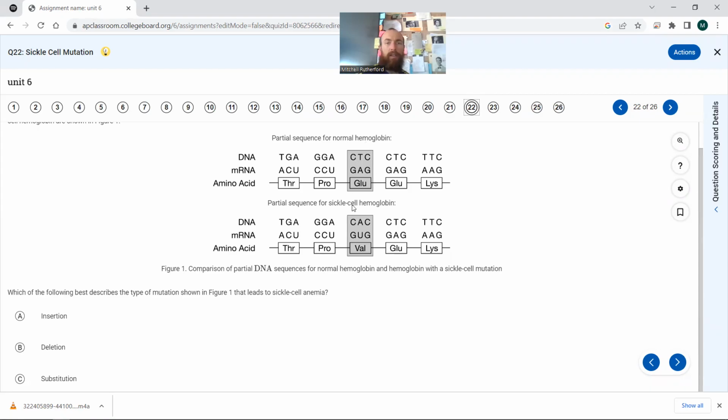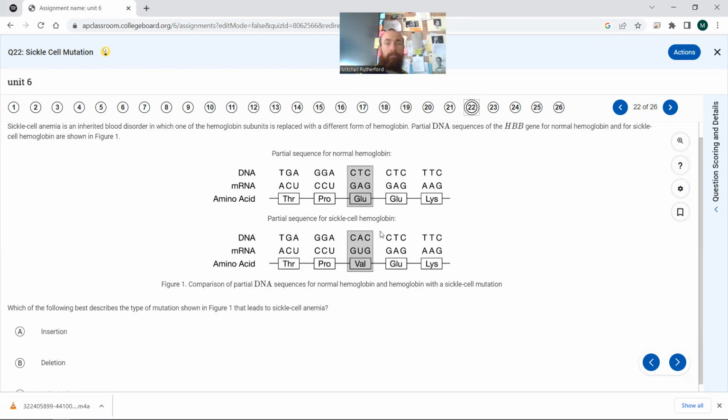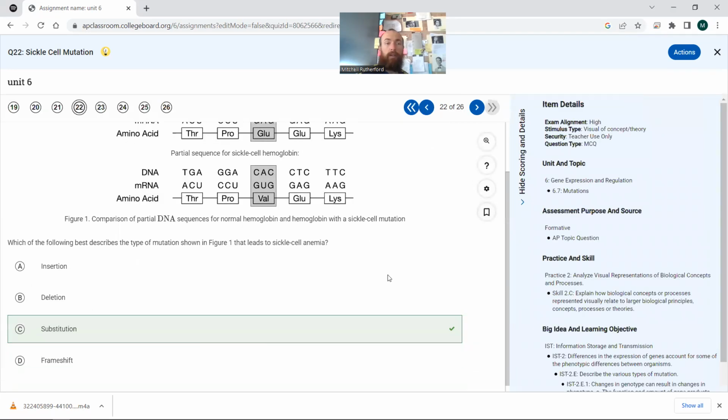The second one is sickle cell, and the change is right there in the DNA from thymine to adenine. That's what changes the DNA to the RNA, glutamine to valine. And what happened is we just had a simple substitution. We'll substitute there. Okay, that's straight up definition. You just got to be able to read that. Okay, so I'm feeling really strong about substitution.